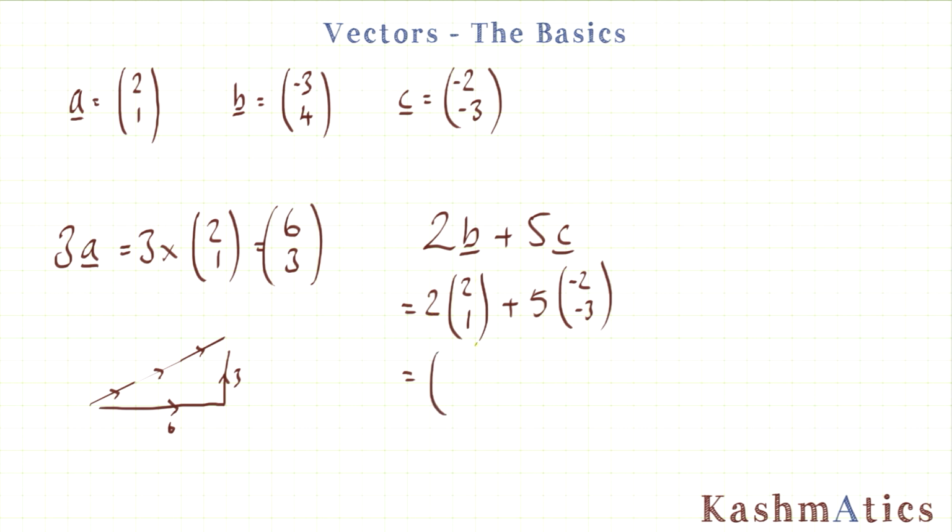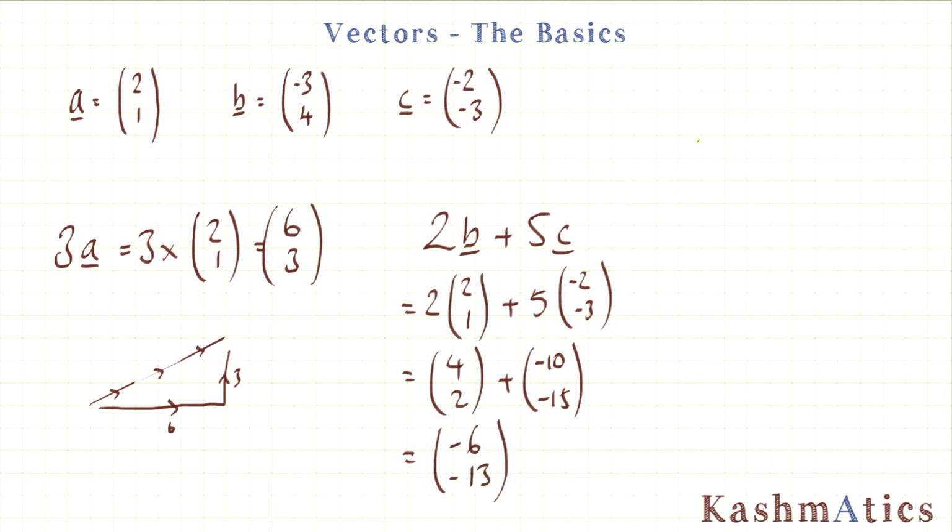So 2 times 2, 1 makes 4, 2. Add, now 5 times this makes minus 10, minus 15. Alright, so I need to do 4 add minus 10. Now remember, that's the same as 4 take away 10. That's minus 6. 2 add minus 15 is the same as 2 take away 15, which is minus 13. Okay, so hopefully that's made sense.